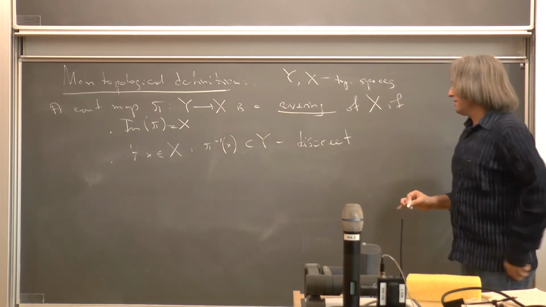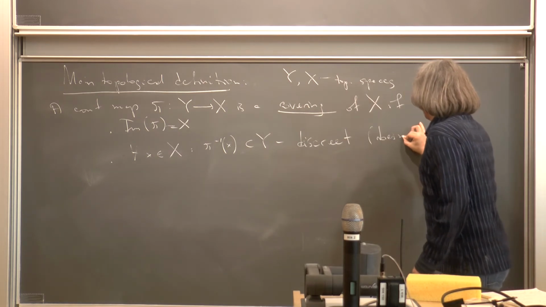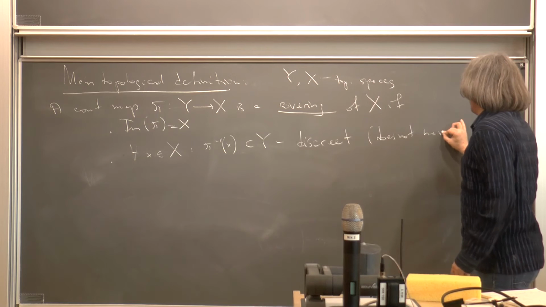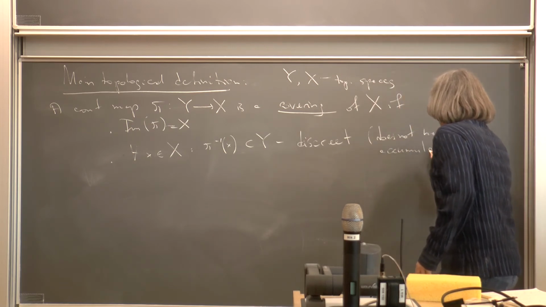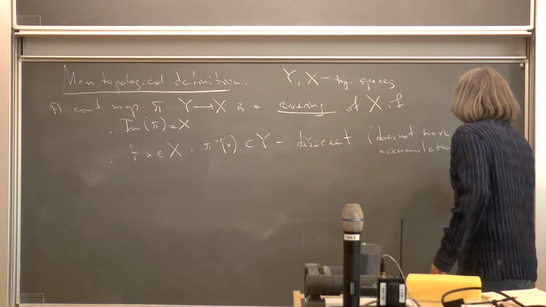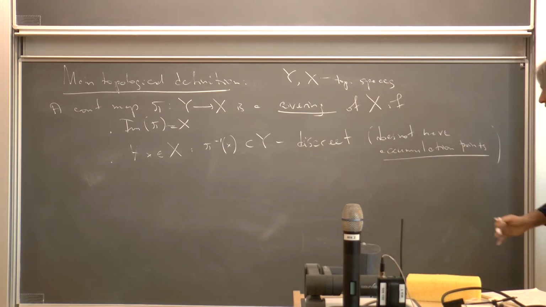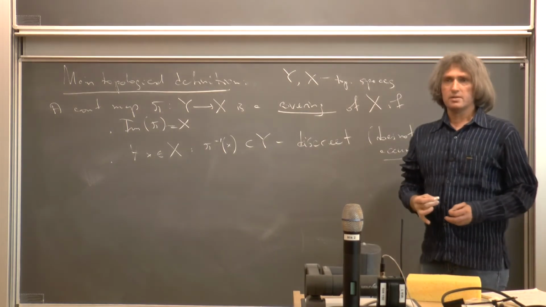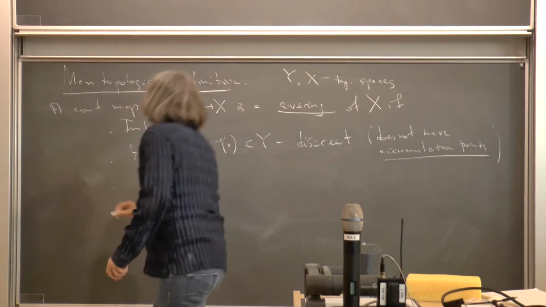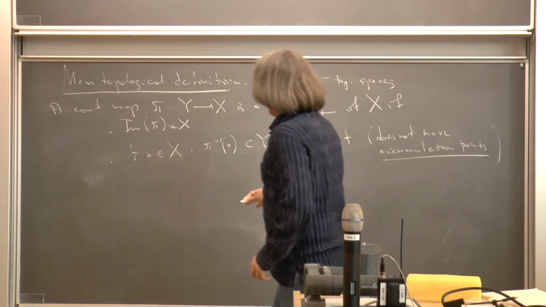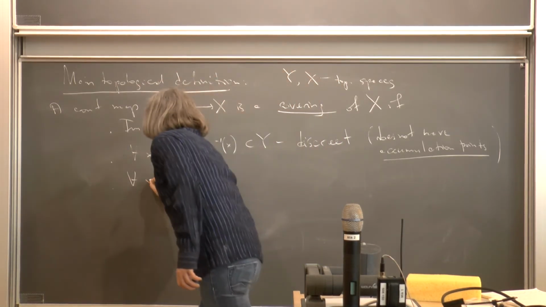Maybe I'll write it in short: it does not have accumulation points. But intuitively it's clear what it means to be discrete. Just a discrete set.